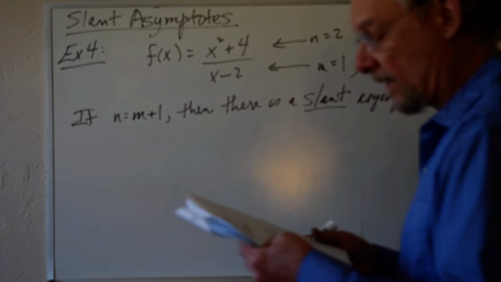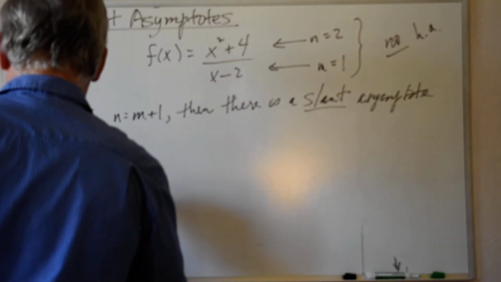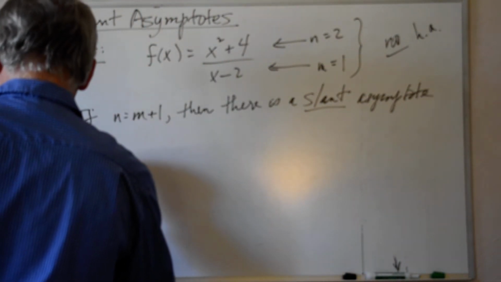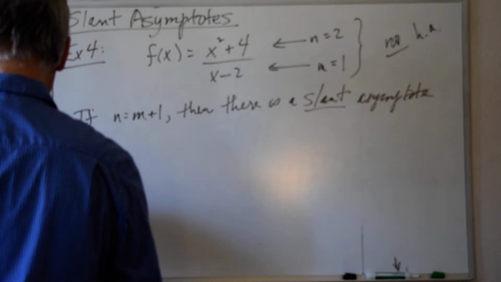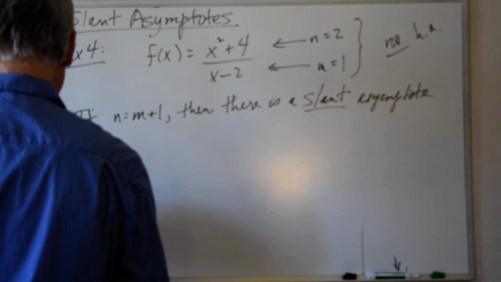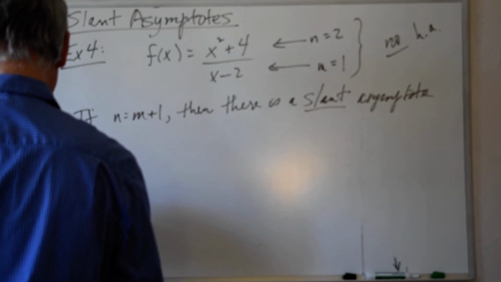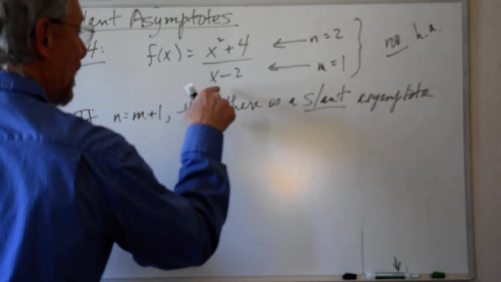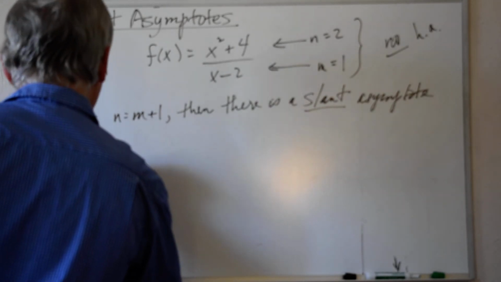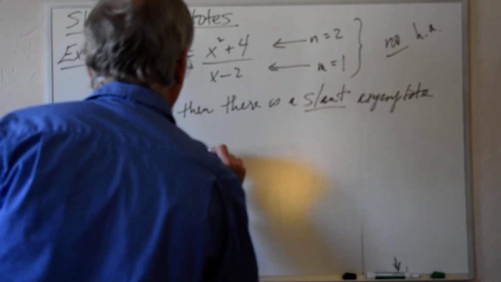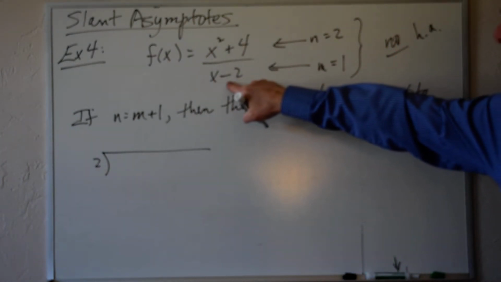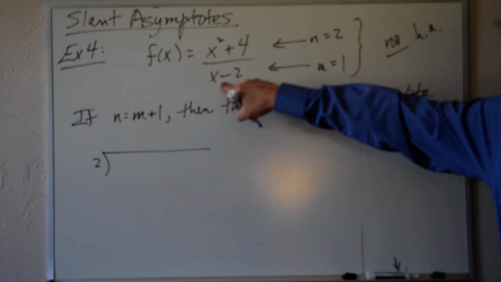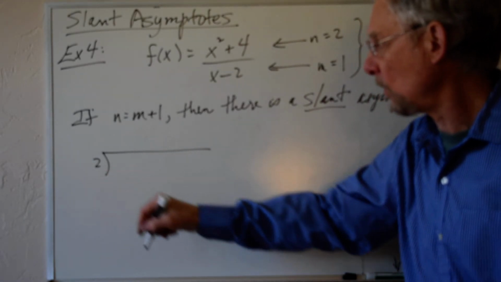To find it, divide the numerator by the denominator. The denominator is x minus 2, so to divide using synthetic division, we divide by the root of x minus 2, which is positive 2.